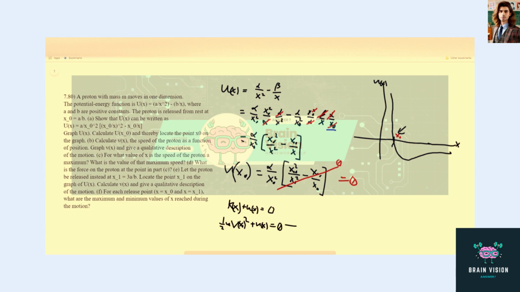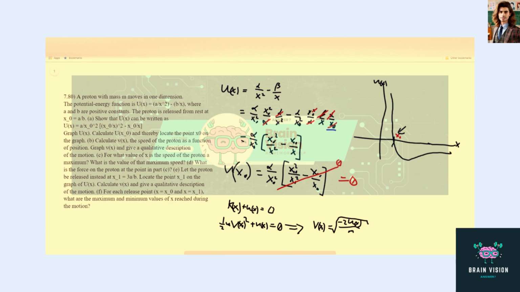Okay, and then this can be solved for v of x is equal to the square root of negative 2 u of x divided by m. And then you can substitute in what u of x is, whatever nasty formula you'd like to put underneath the radical. Okay? And then we're supposed to graph it.